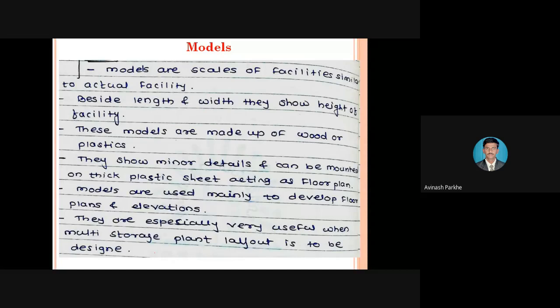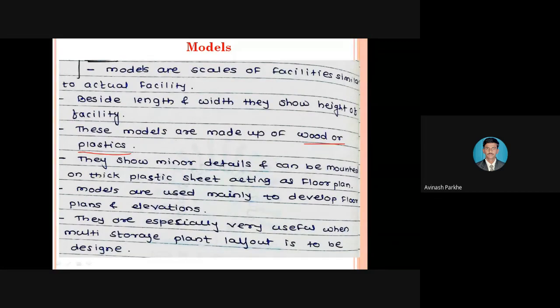Therefore here I have written one sentence: these models can be made by using wood or plastic. Maybe some plastics are available, maybe some thermocols, some wooden plates. By using that wood or plastic, first of all I prepare the model, and through this model I explain that concept to the unskilled operators.